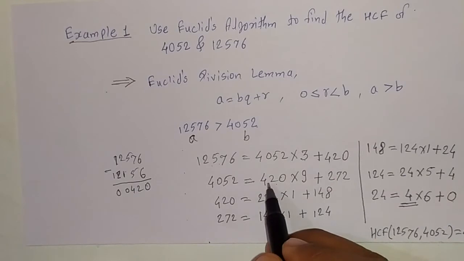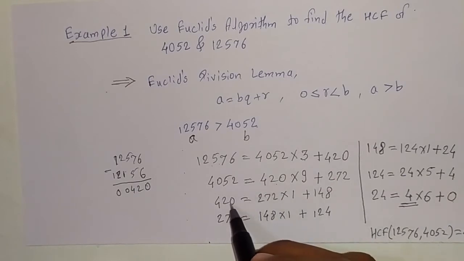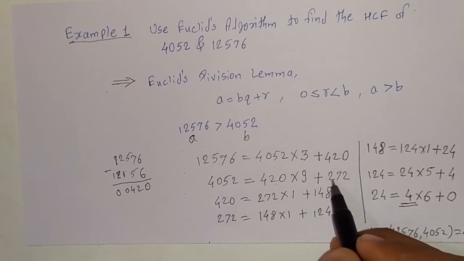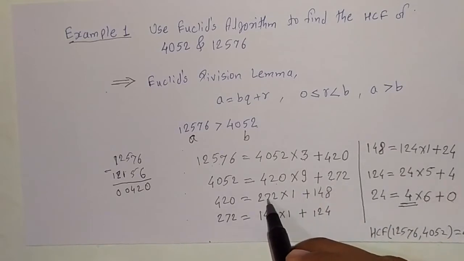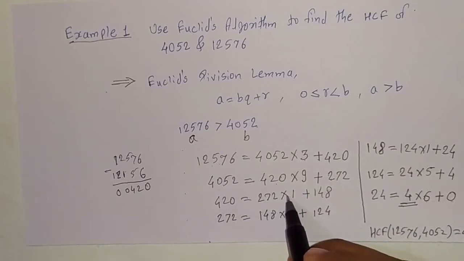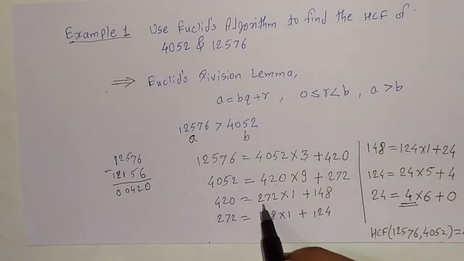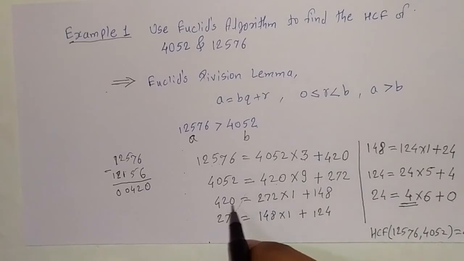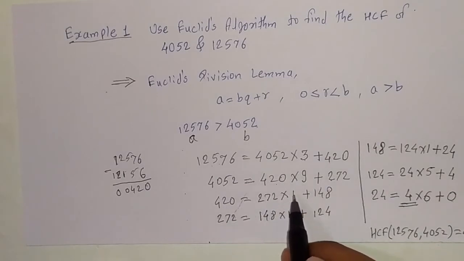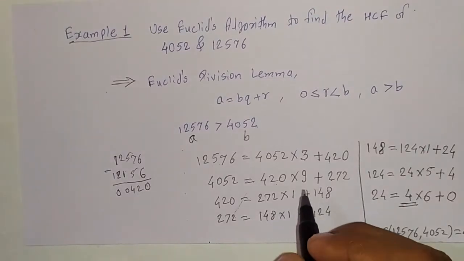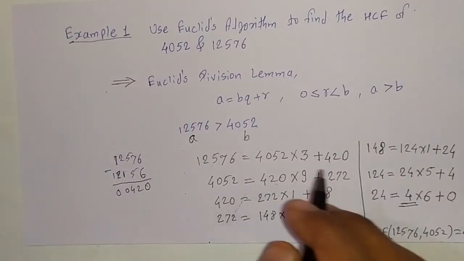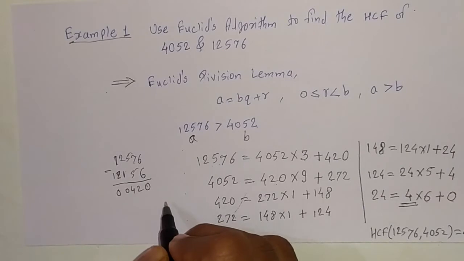Next step, the divisor will be the dividend, remainder will be the divisor. You have to decide the quotient. If you multiply 272 by 2, then it will be greater than 420. So you have to take the quotient as 1 only. This process is nothing but, let me write this one here.